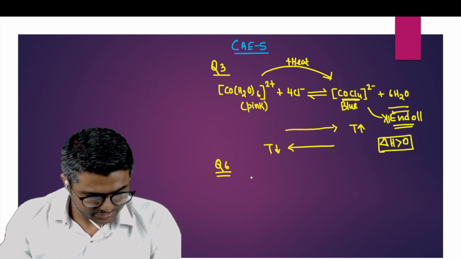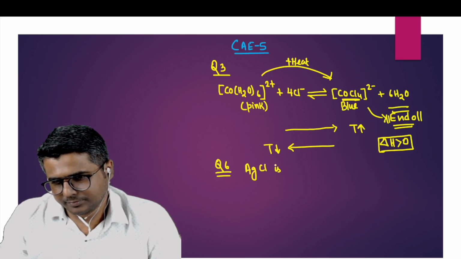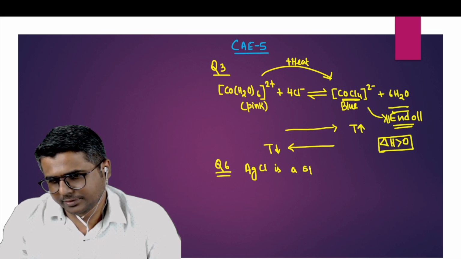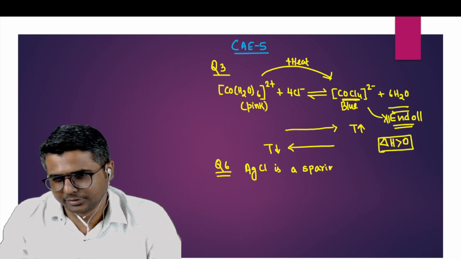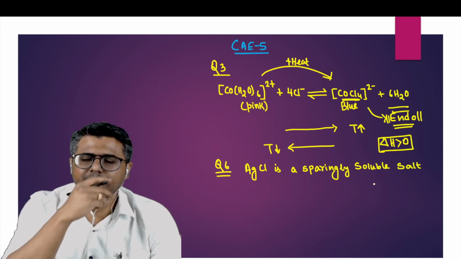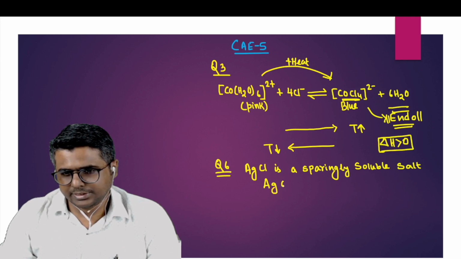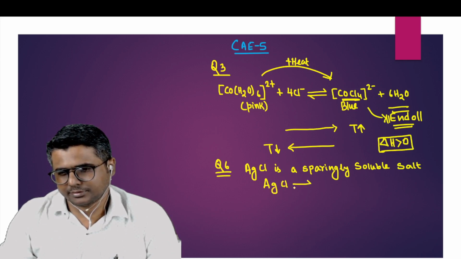Question is, AgCl is a sparingly soluble salt. So when AgCl dissociates, it becomes Ag plus and Cl minus.